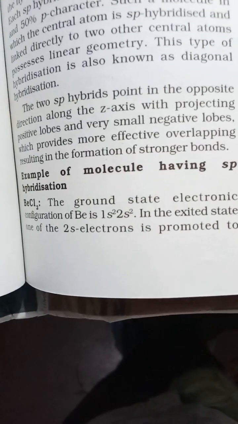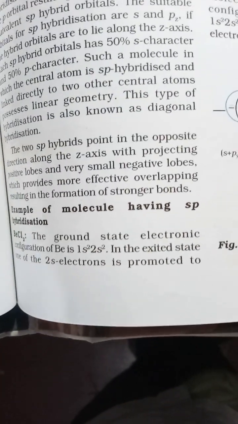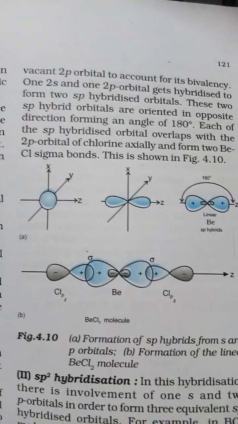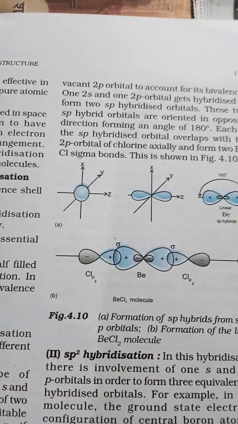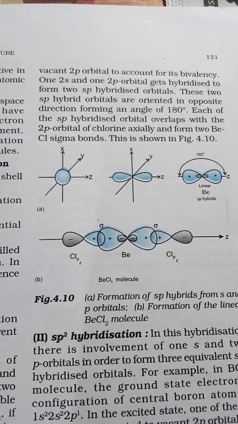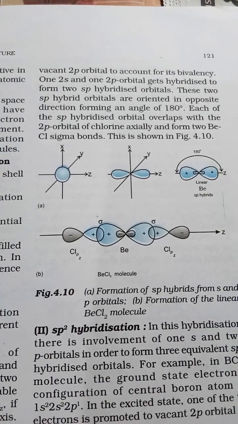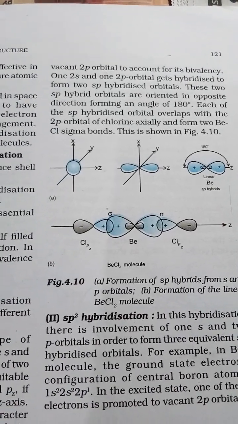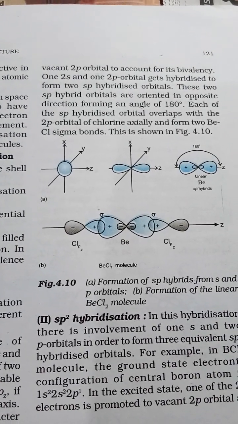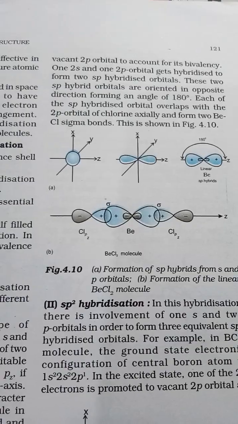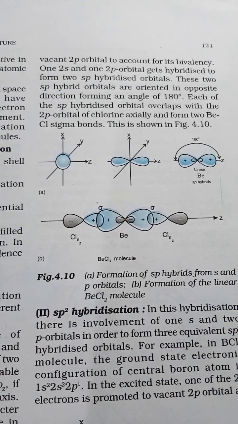In the excited state, one of the 2s electrons is promoted to a vacant 2p orbital to account for its bivalency. The 2s and 2p orbitals get hybridized to form two sp hybrid orbitals. These two sp hybrid orbitals are oriented in opposite directions, forming an angle of 180 degrees.